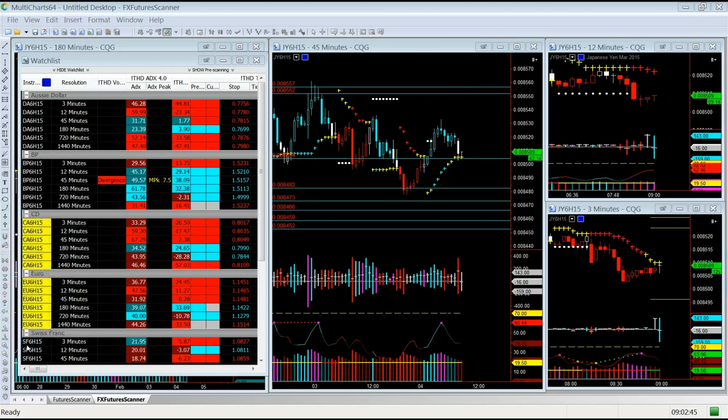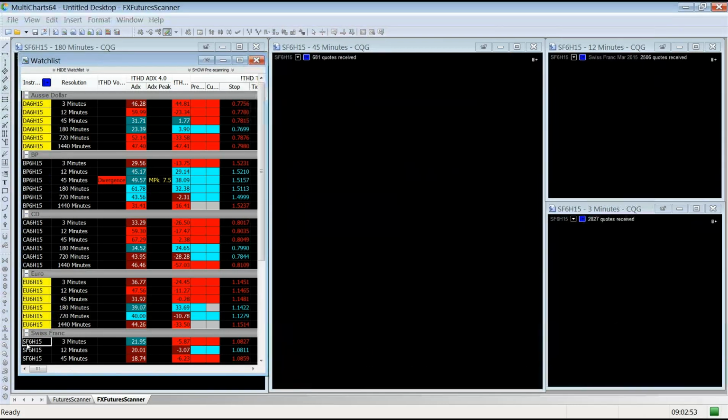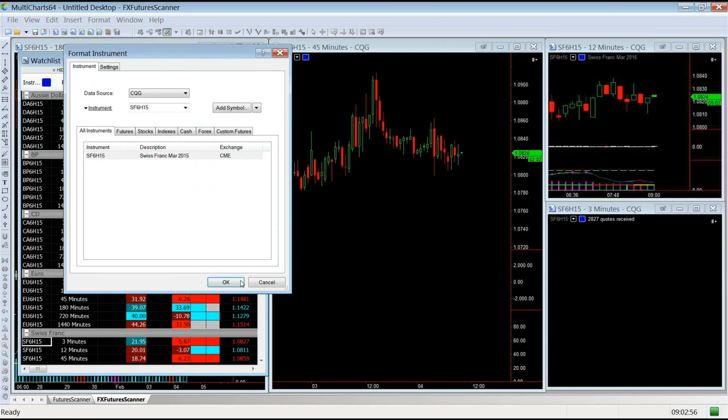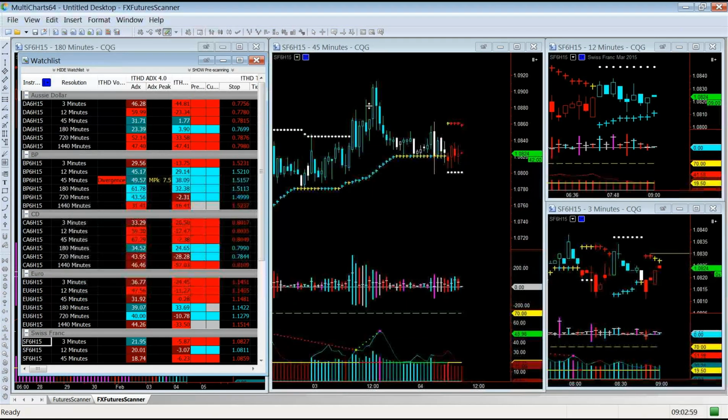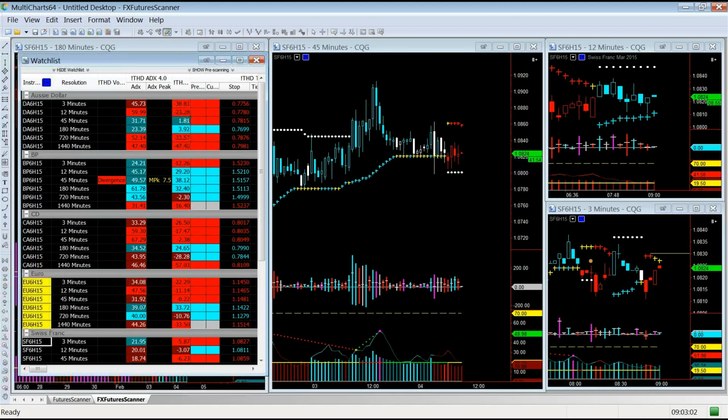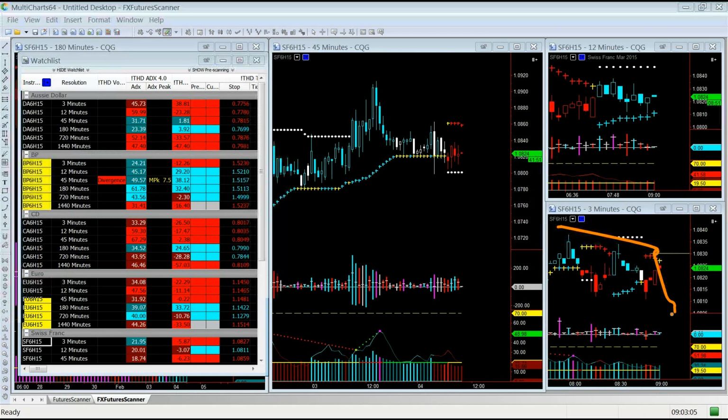Another one to watch out for is the Swiss franc. Now, they increased the margins on the Swiss franc, so there's a lot of people that will not touch that market right now. I'm waiting for it to settle down a little, and then I'll go back to trading it. But it's a great scenario: do you see how gappy that is?